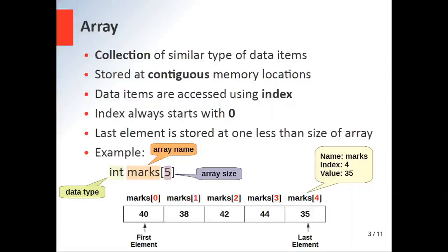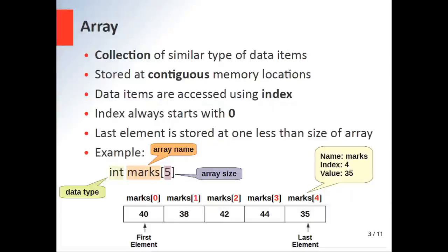So the first element will be stored at position 0. So marks[0] has the first element and the last element is stored at 1 less than the size of the array. So if the array size is 5, then the last element would be stored at position 4. The syntax for declaring the array is data type, array name, and array size in square brackets.